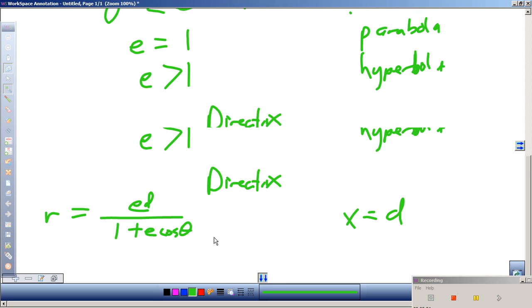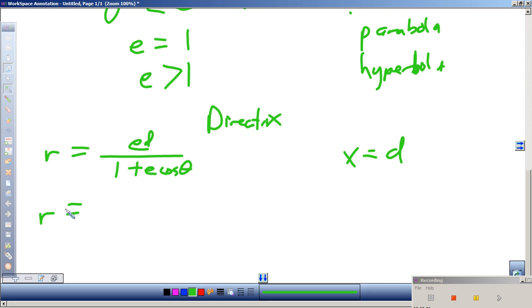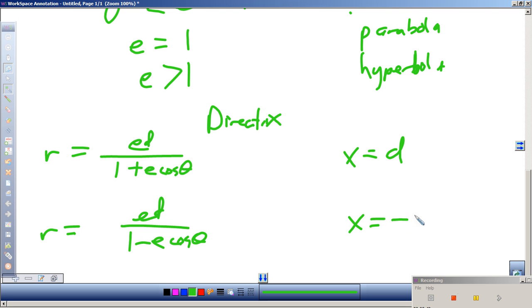And if we have r equals ed over 1 minus e cosine theta, what do you think it's going to be? x equals negative d. Why are they different? Because if we flip this over, the same thing as flipping the sides, we flip the sides with the directrix on.